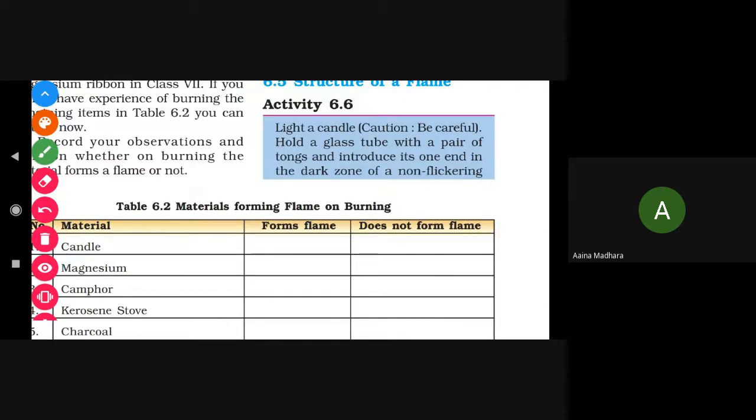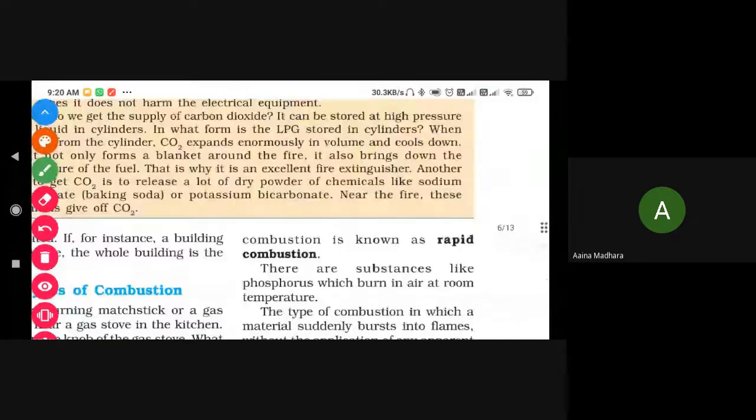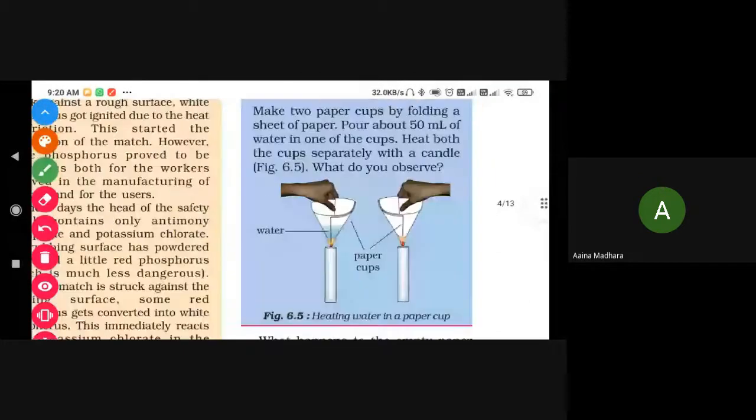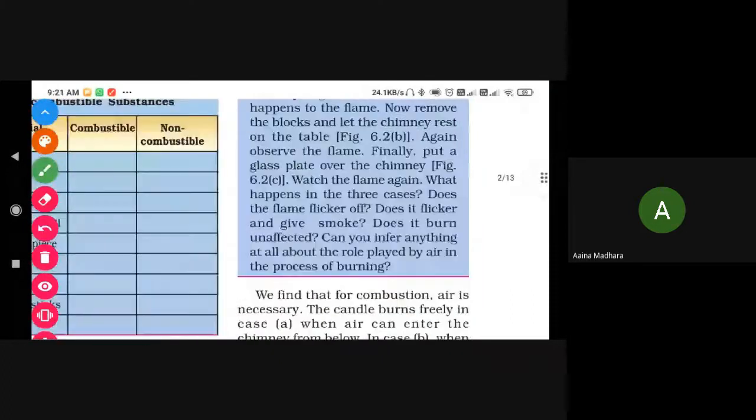What are tongs? Do you know what a pair of tongs is? Say yes or no, beta, so that I know whether you know or not, and I can show you.